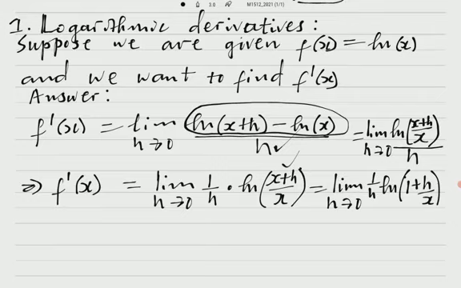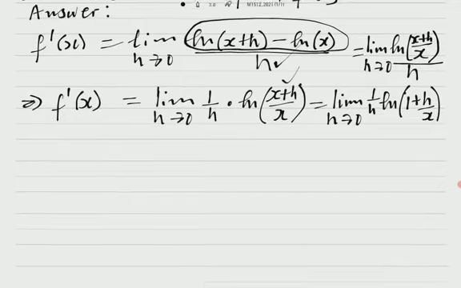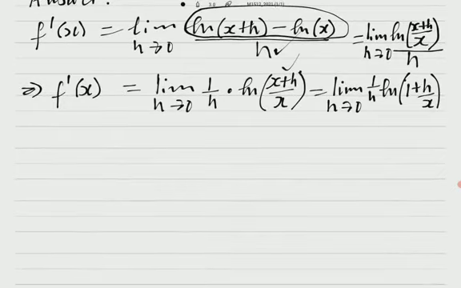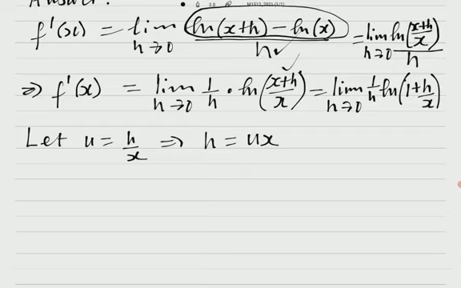Now to proceed from here, I would like to do a substitution. So let u be equal to h over x, which implies that wherever we have h, we can put u times x.